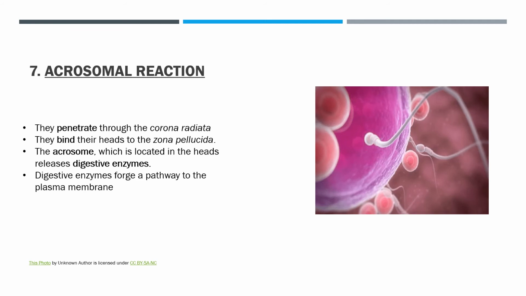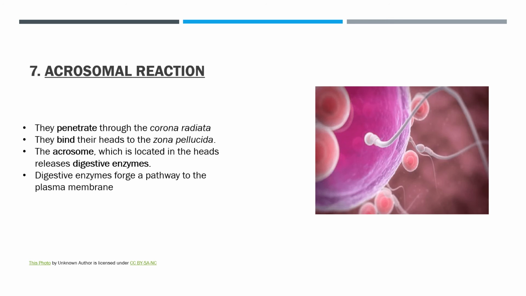They want it, okay? But first, they have to go through the corona radiata, and then through the zona pellucida. When they reach the zona pellucida, they bind their head tightly to it, and then the acrosome that is located on the head of the sperm cells releases digestive enzymes.